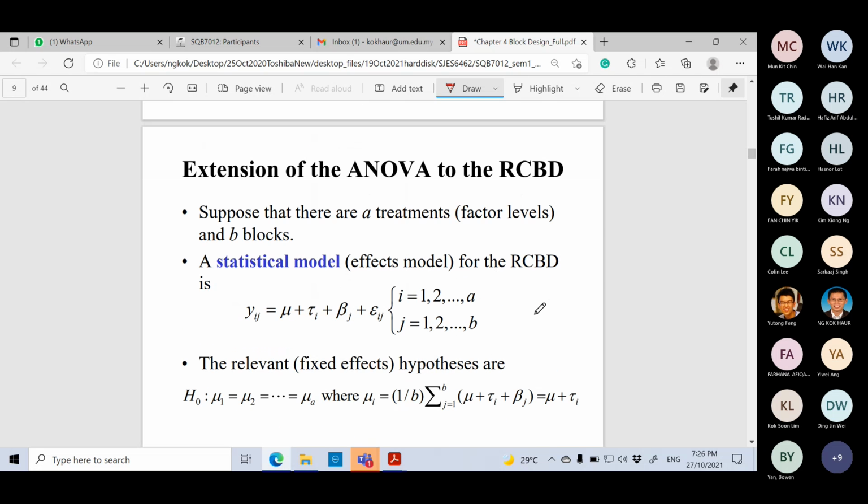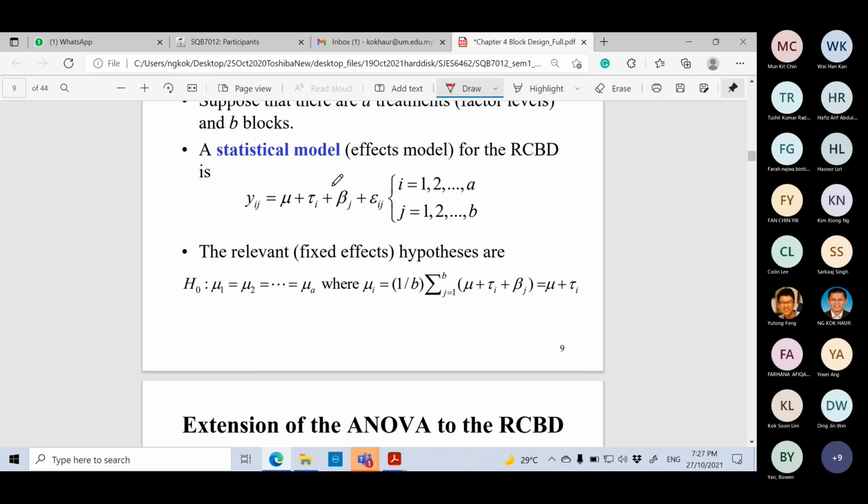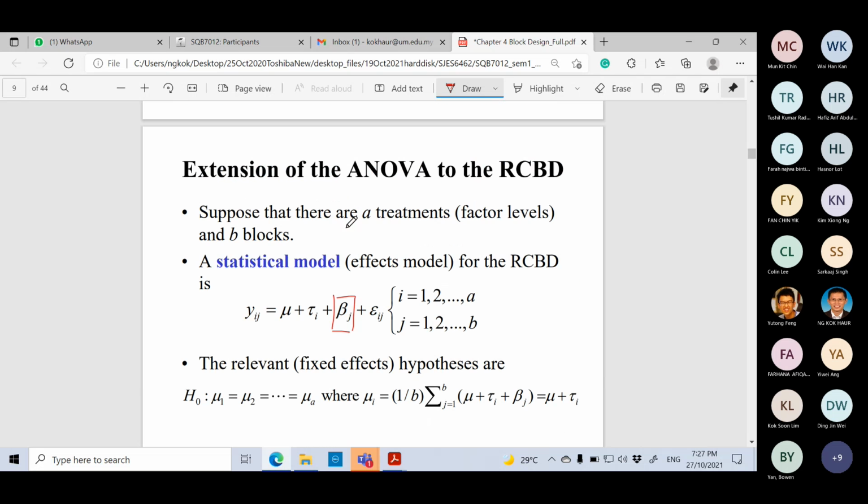Let me introduce the formula for the RCBD, the randomized complete block design, compared to the ANOVA you had previously, which we call the single factor model. As you can observe, we have an additional part. In our previous model we only had an overall mean and tau i, the treatment effect.